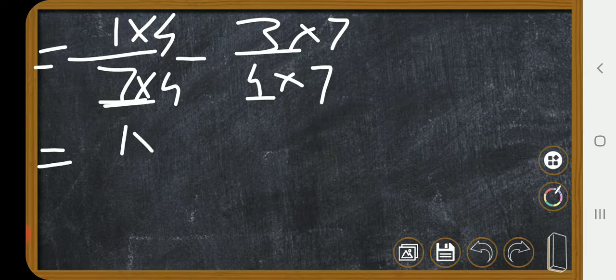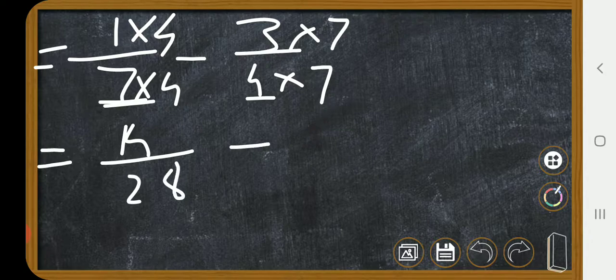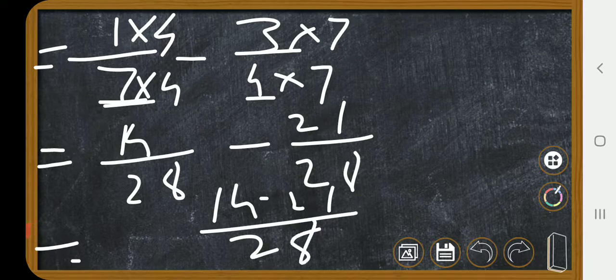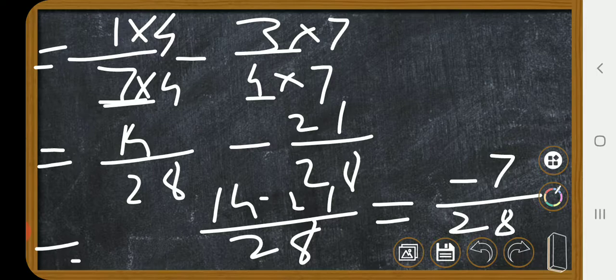So 1 multiplied by 4 gives us 4. 7 multiplied by 4 is 28, minus 3 multiplied by 7, 21, over 28.